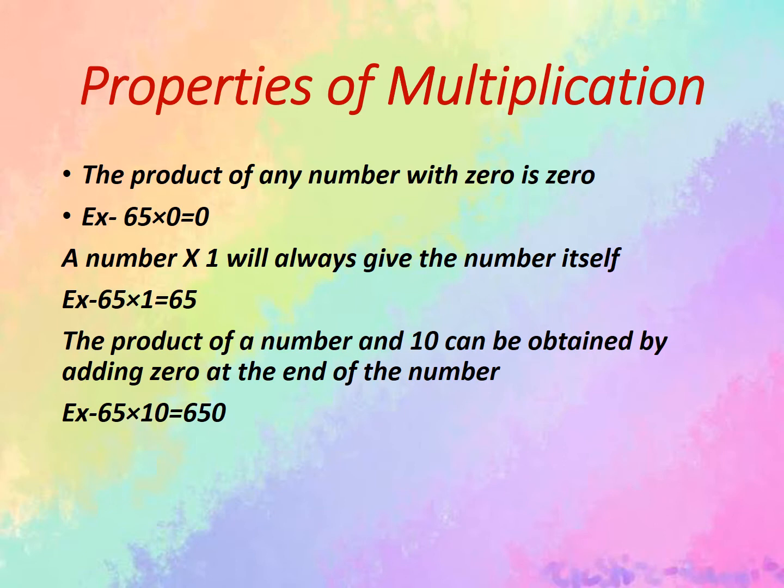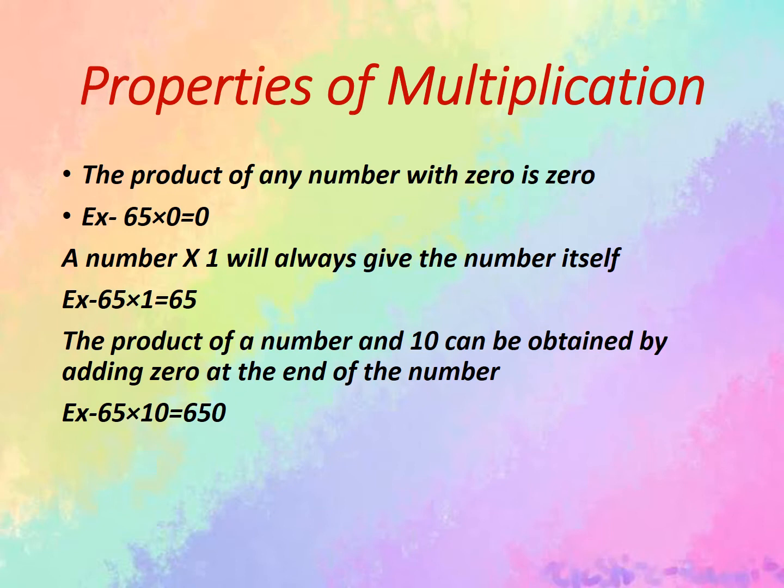In this slide, we will study the properties of multiplication. What is written in the first point? The product of any number with 0 is 0, meaning when you multiply any number with 0, the answer is 0. Example is given, 65 multiplied by 0, answer is 0.